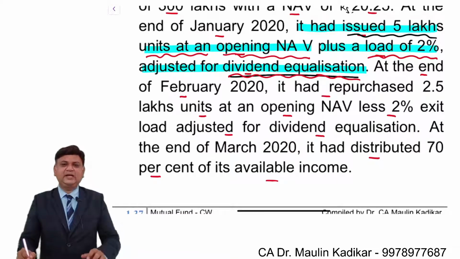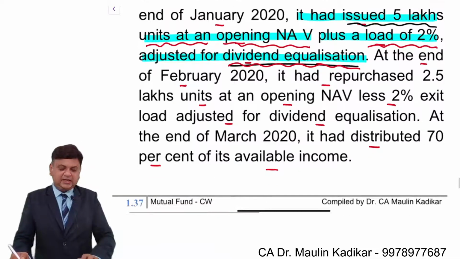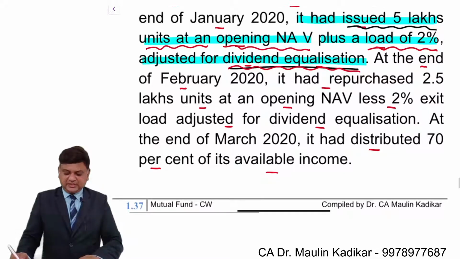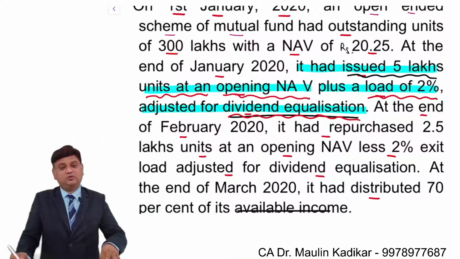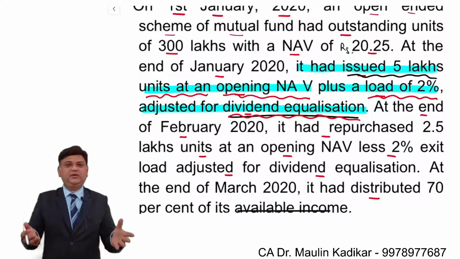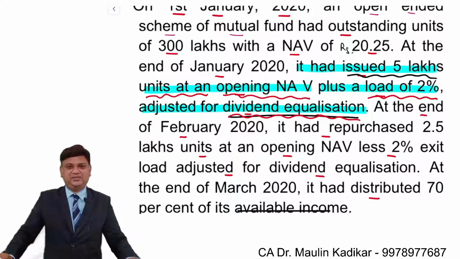Instead of dividend in absolute terms, we have considered the income, in order to make it at par. This is the way we are supposed to consider the language of the question to compute the issue price. The language of the question clearly ignores the increase in the portfolio value, so I am ignoring this calculation.